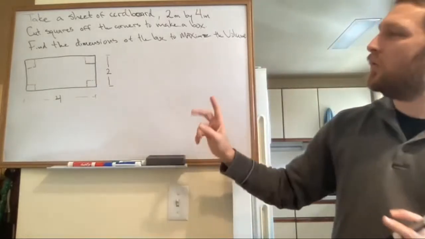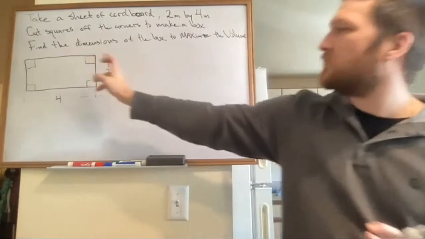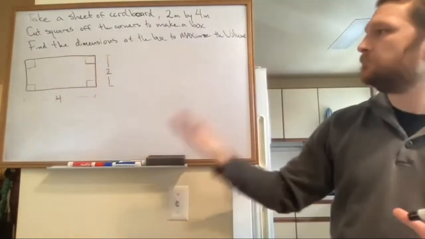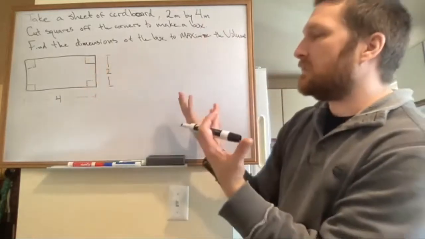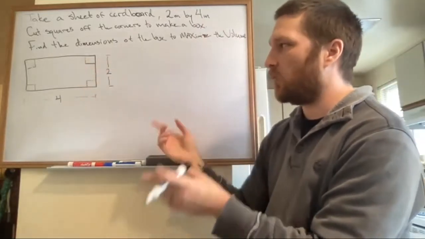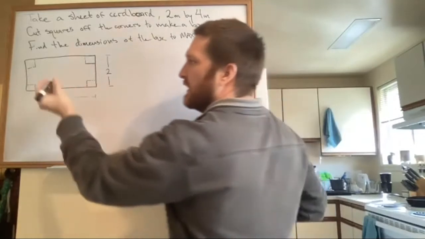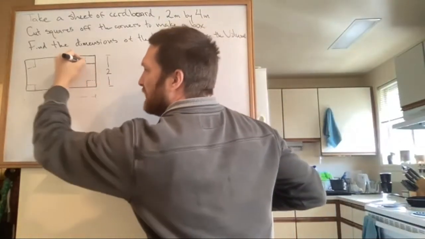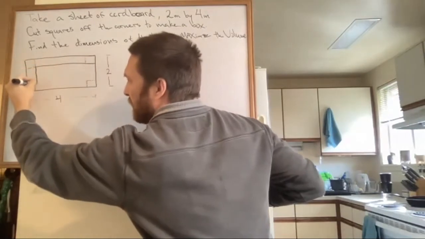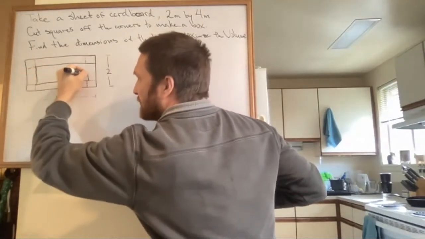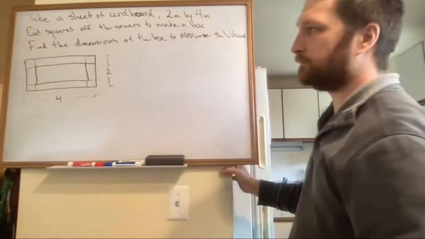And so, okay, cutting squares off the corners to make a box. And what this means, and I think we've done this one before, is that whatever's left right here is going to be the base of the box right there.